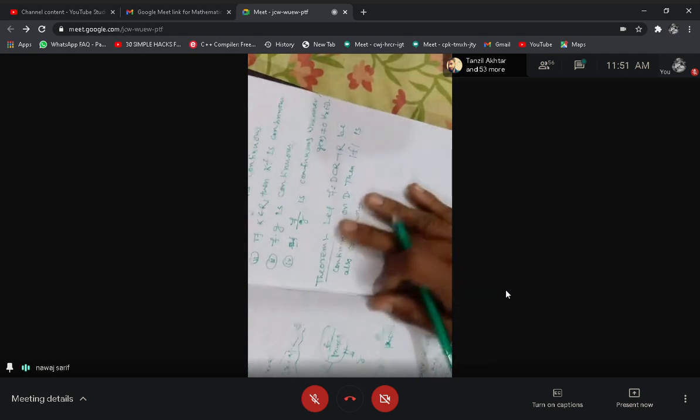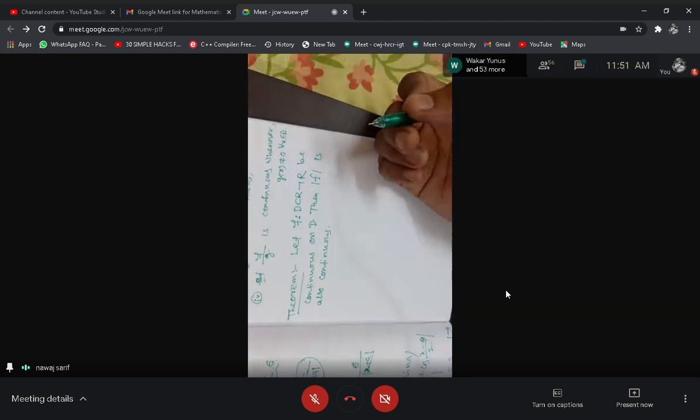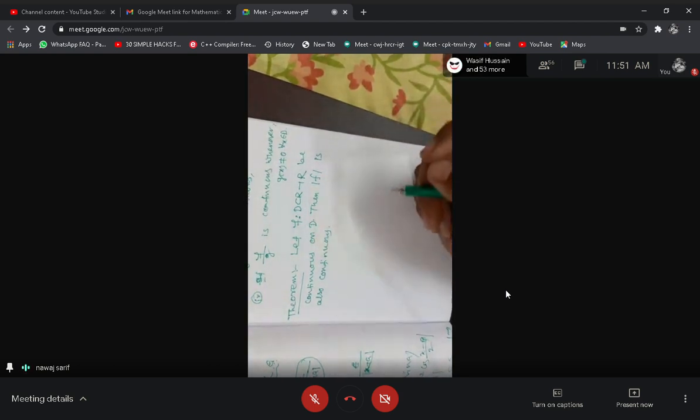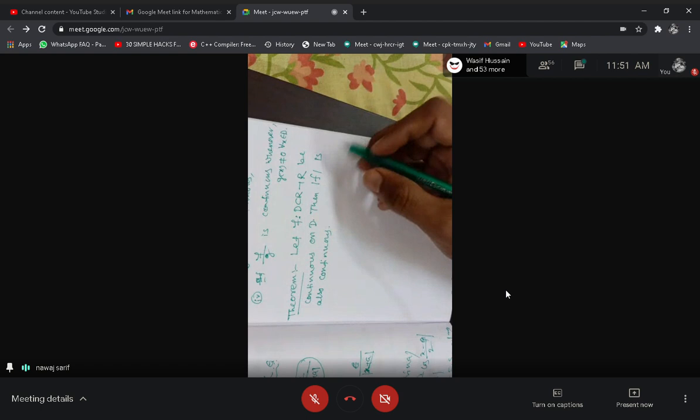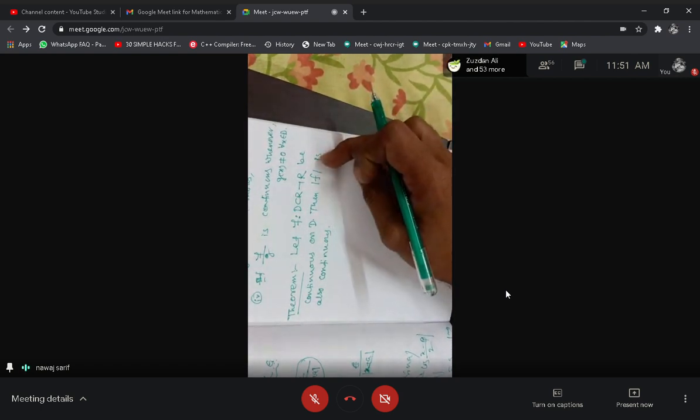But what about the converse of this theorem? We say that if a function f(x) is continuous, then the modulus of that function is also continuous. But if the modulus is continuous, can we say that f is also continuous?